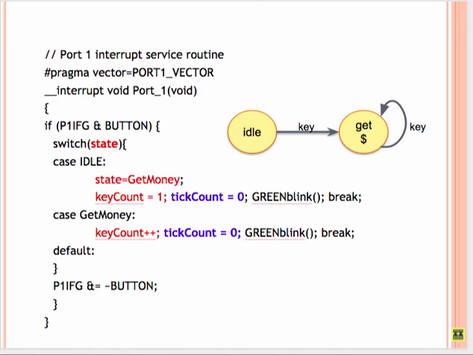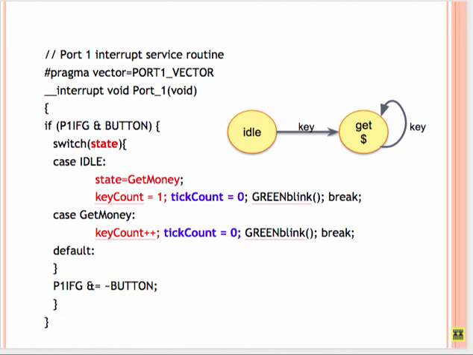Then we blink the green LED to acknowledge the key has been hit. If you are not clear about the tick count, wait until we get to the timer interrupt service routine, and it will be a little more clear to you.